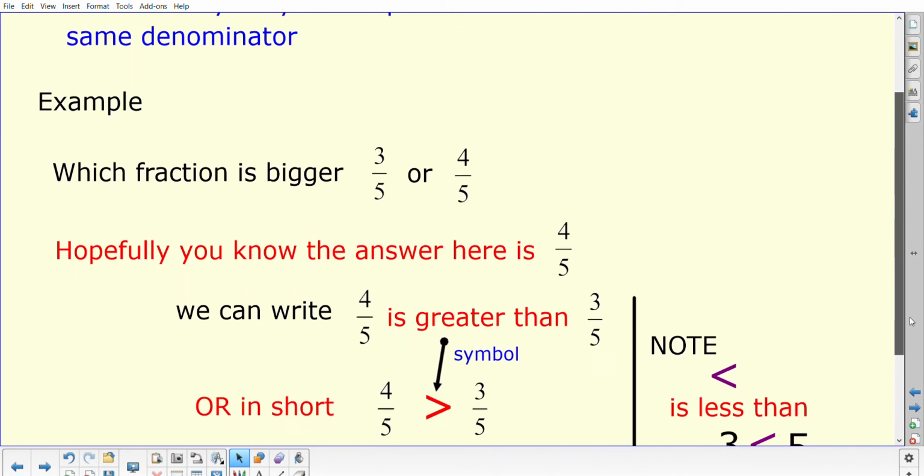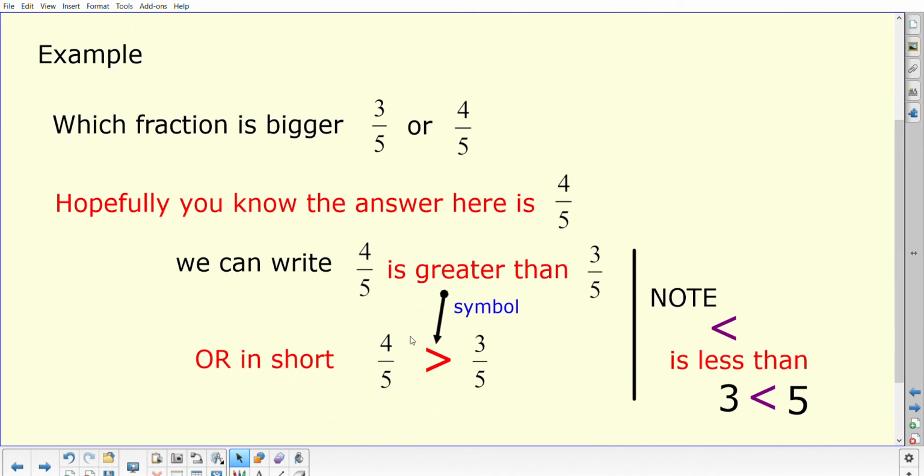Now, something that I'm going to introduce you to is these little symbols, the less than and greater than symbols. You may or may not have noticed them on your keyboard on a laptop or a computer. The way to remember which way round these two little symbols, almost like two sides of a triangle, go is that the smaller end, the pointy bit, always points to the smaller number.